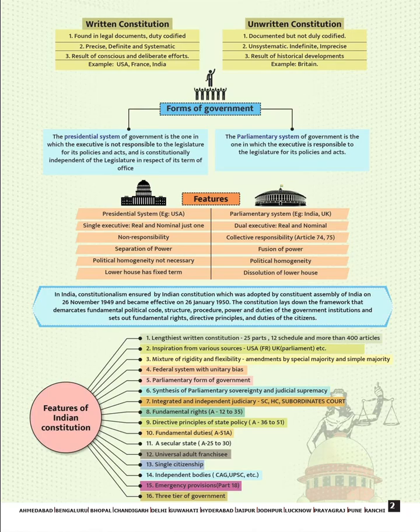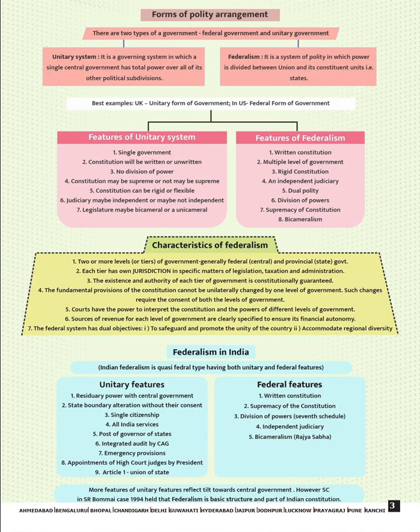Single citizenship, and feature number 14 is independent bodies, CAG, Comptroller and Auditor General, UPSC, etc. And feature number 15 is emergency provisions, Part 18. And the 16th feature is three tiers of government. Okay, so next there are two systems.